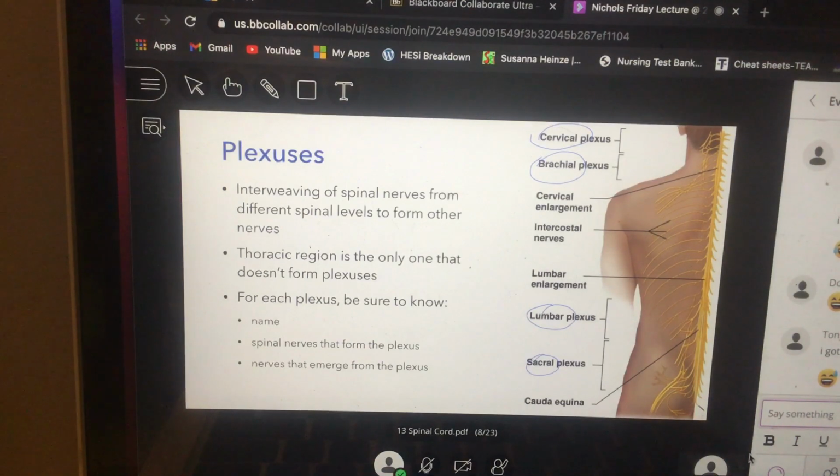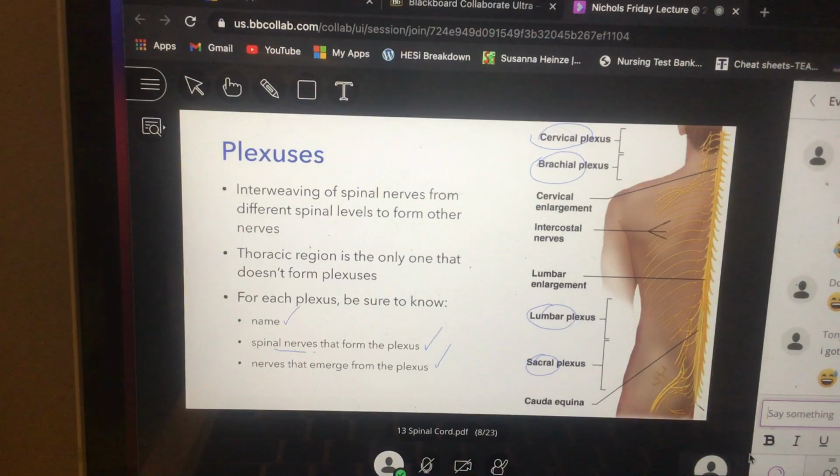For those 4, we want you to know the name, cervical, brachial, lumbar, and sacral, know some of the major nerves that come from that plexus, and what groups of spinal nerves form the plexus. I hope it'll make sense as I talk through it on the next few slides.